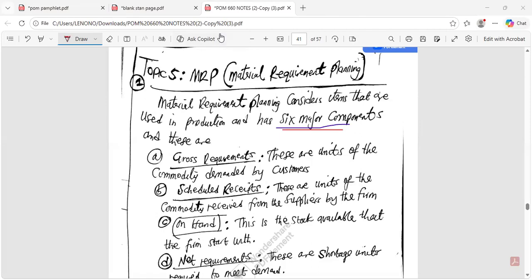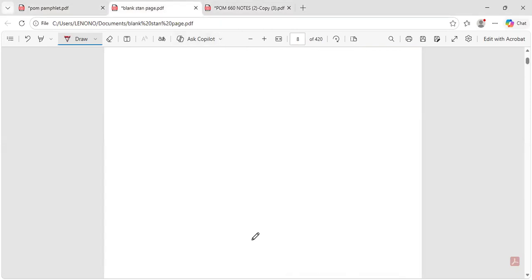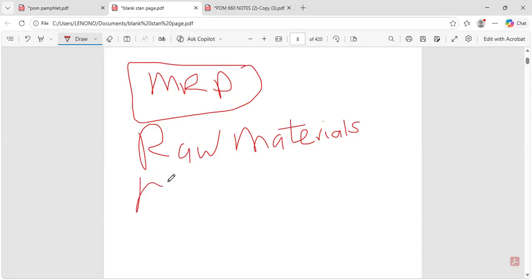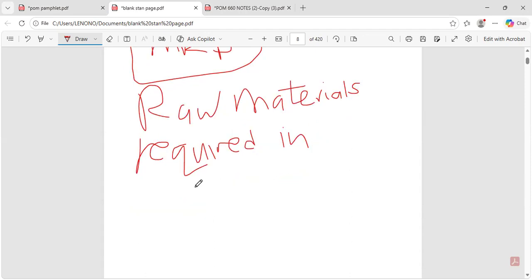First and foremost, we have to understand this MRP looks at raw materials required in production.